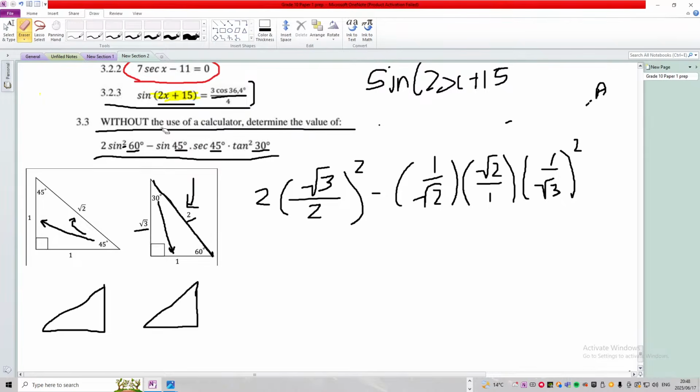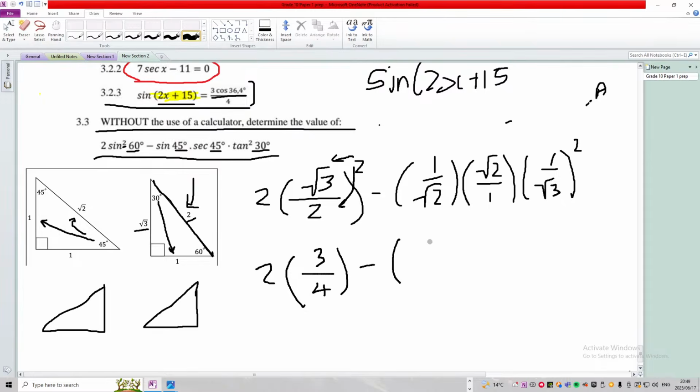So now I can do, what does it say? Without the use of a calculator. Don't put all of this into your calculator now. You have to do this manually, one by one. So this is 2. That square goes to the numerator and it goes to the denominator. Then the square and the square root cancel out. So you still have 3 over 4. Close bracket minus.